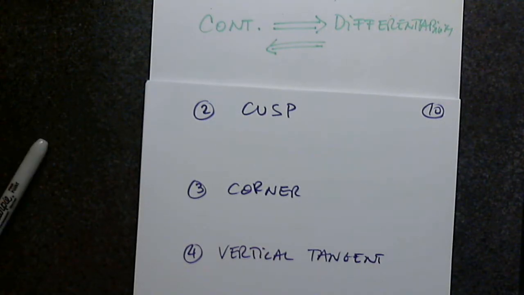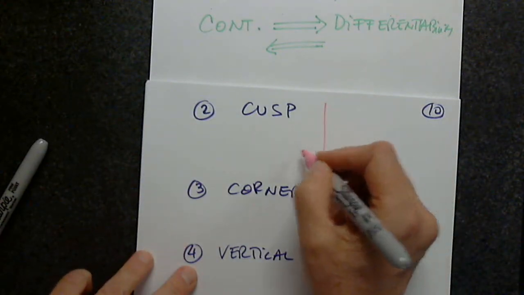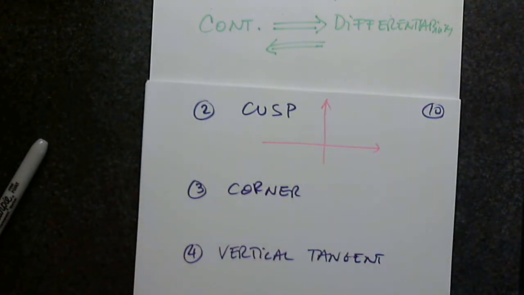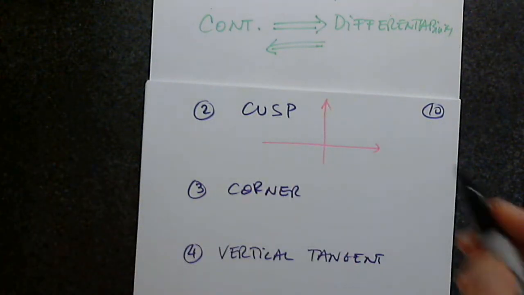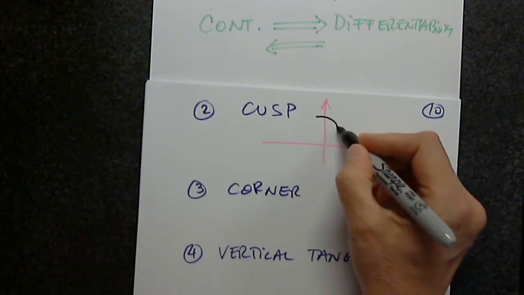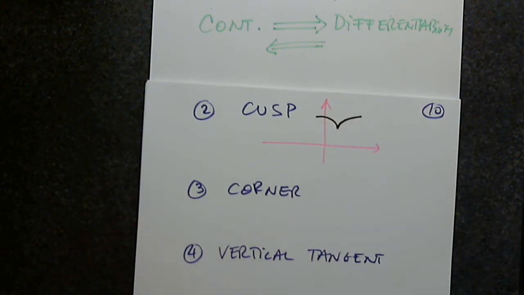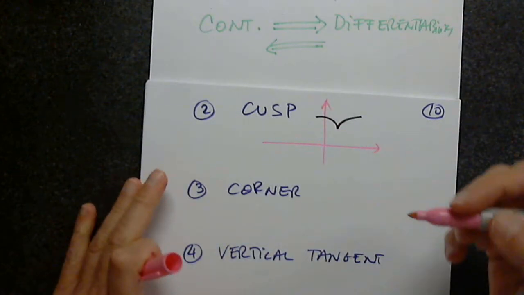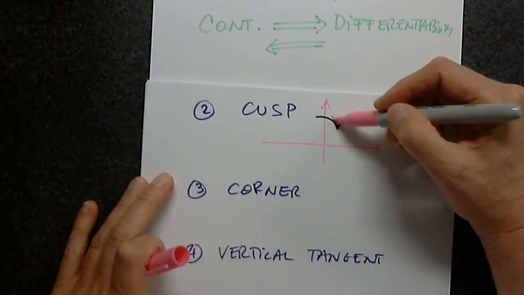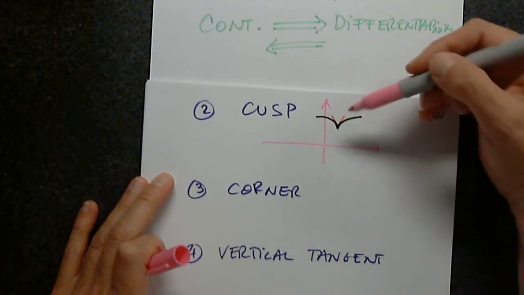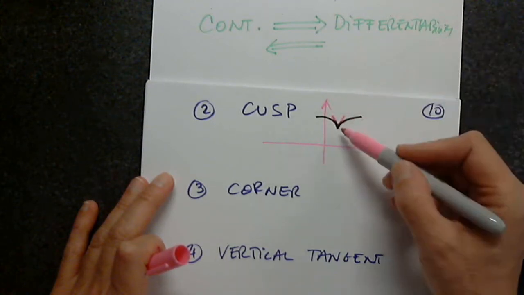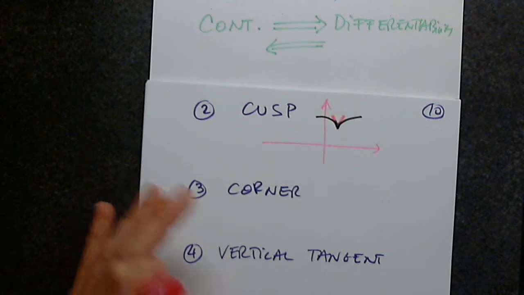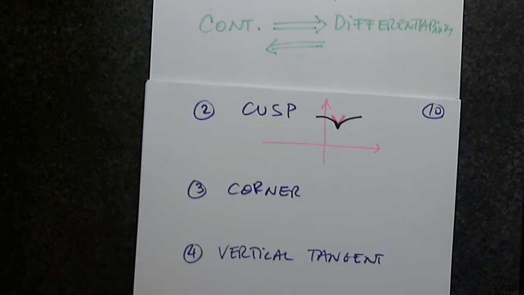What do you mean by cusp? Here's a function with a cusp. At this point, the function is not differentiable. It doesn't have a tangent, does not have a unique tangent. Here's the tangent on this side, and here's the tangent on this side. The function does not have a unique tangent.